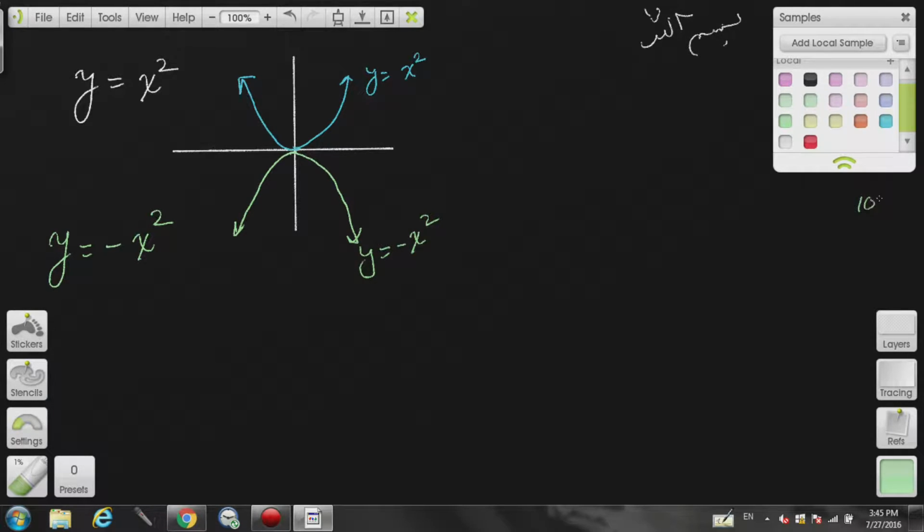In that case, you can give yourself 100 points. And if you didn't say that, you can give yourself 100 points anyways for trying. So, y equals negative x squared. You follow that? That's going to look like this.